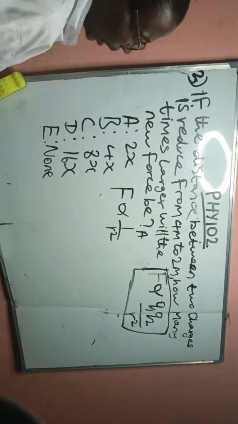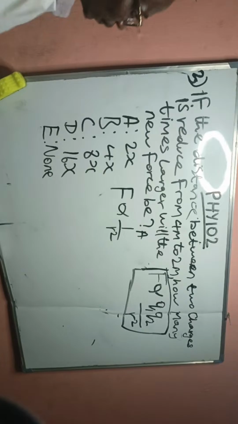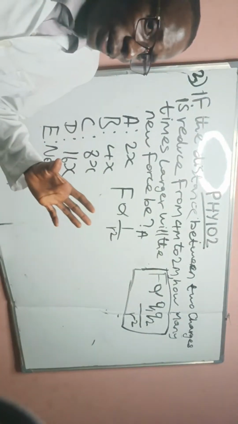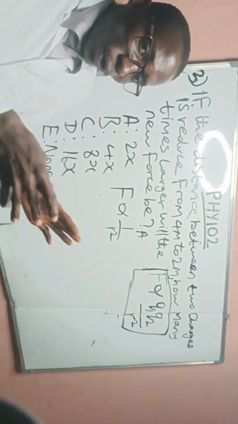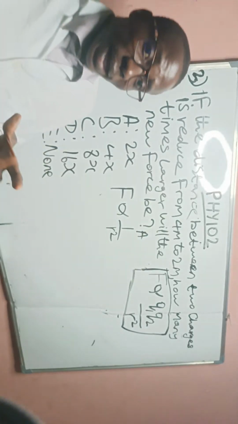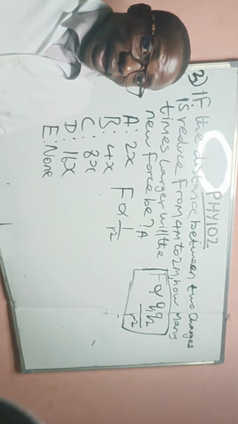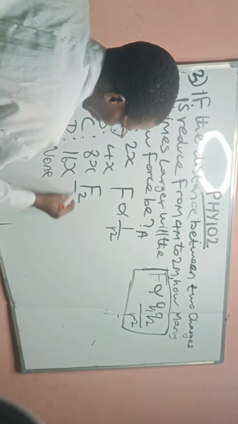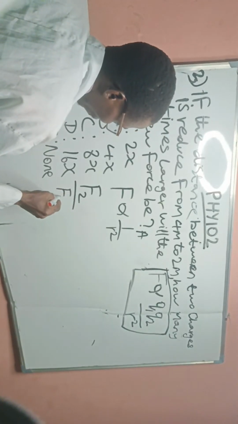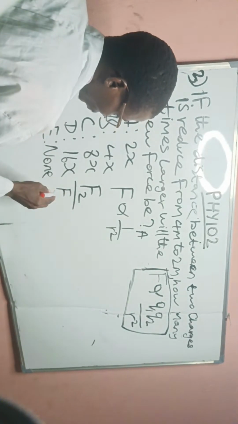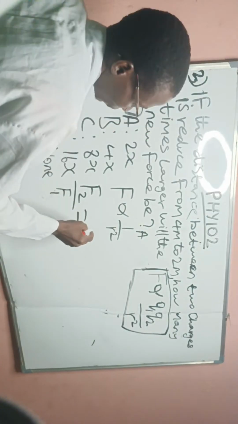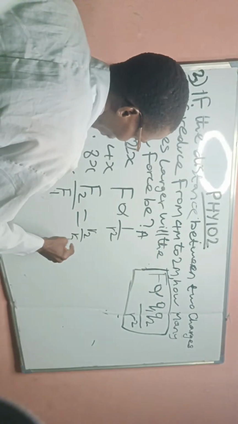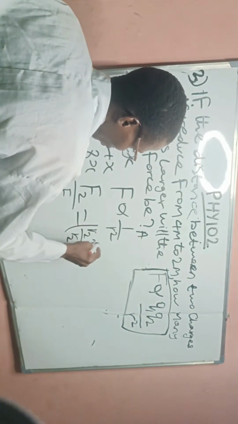Therefore, this question is trying your knowledge of the ratio between the first force and second force, the same thing as first distance and second distance. Applying the formula, F2 over F1 is equal to R2 over R1 all squared.